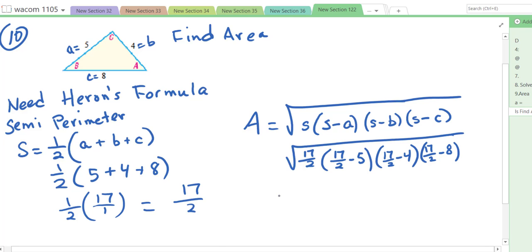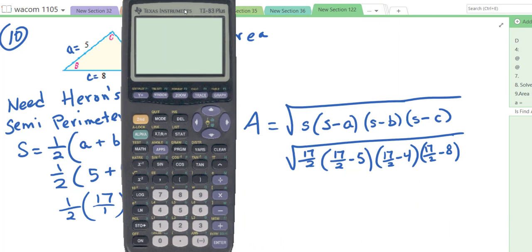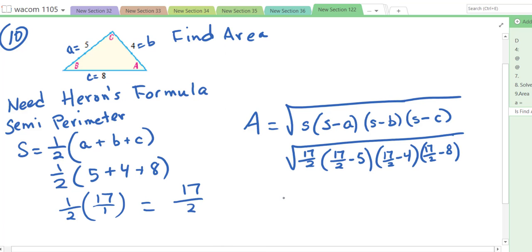We might change that to a decimal. Let's see what we can do here. Alright, so let's switch 17 divided by 2, 8.5. So let's switch all this to 8.5 times.